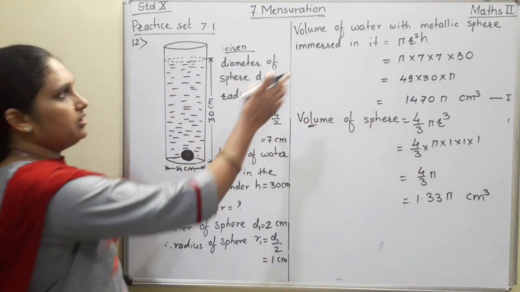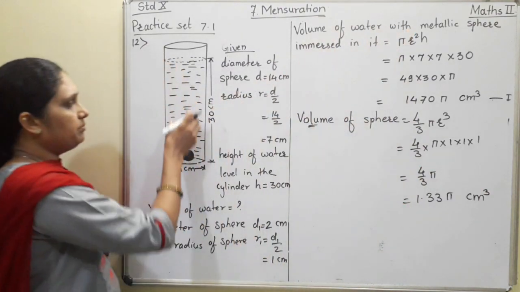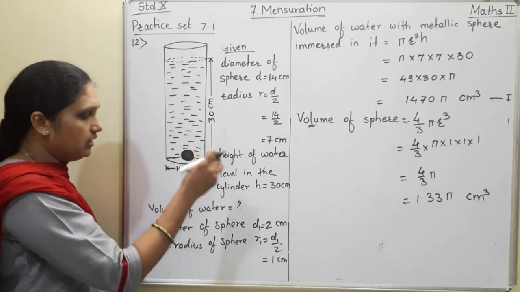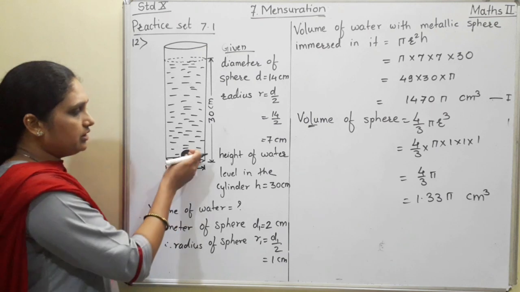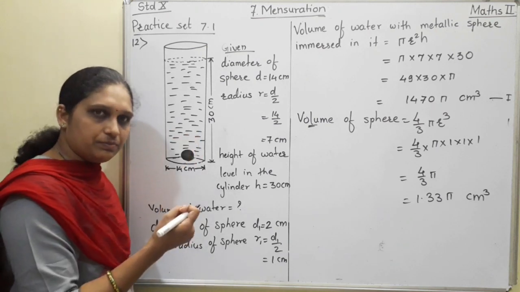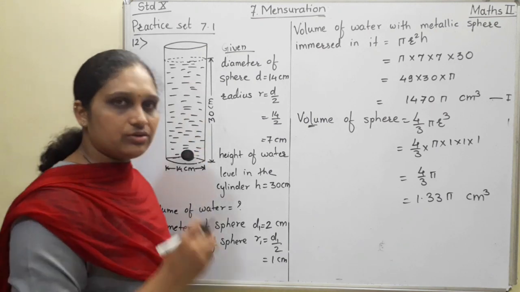Now see, we got first the volume of the water with the metallic sphere immersed in it, and now we got the volume of this sphere. So when we take out the volume of this sphere, we will get the volume of the actual water.